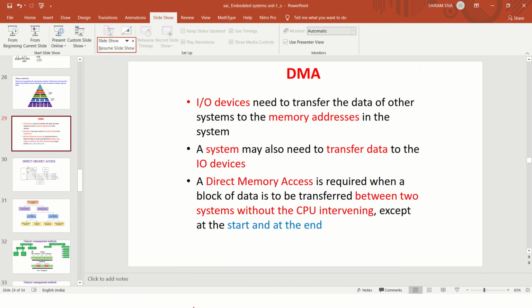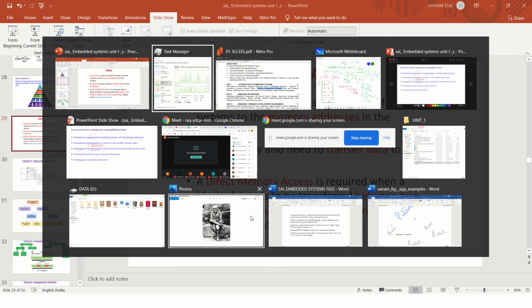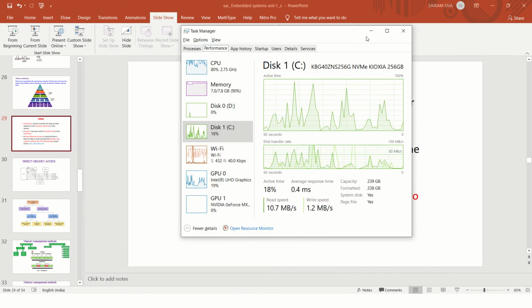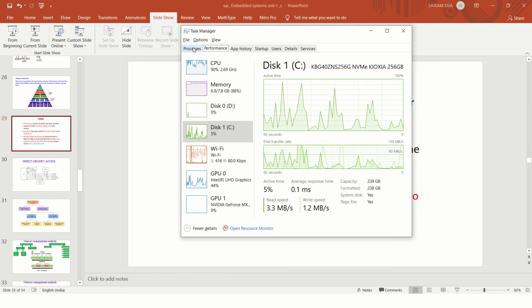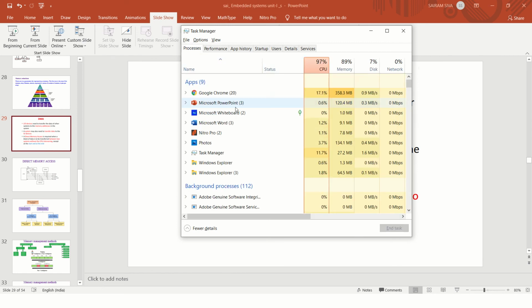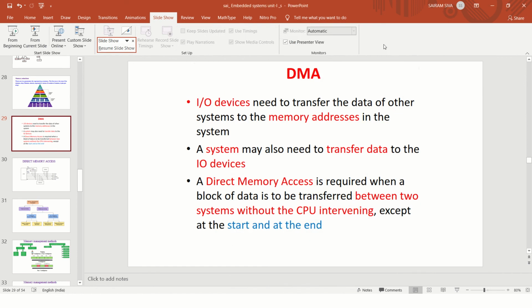So this is the DMA access. Whatever application is needed, I am also going to close any one application. Please wait. So that is the process memory. Google is also going to use about 350 MB of the RAM.